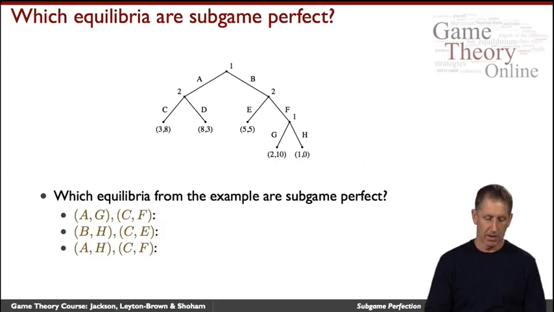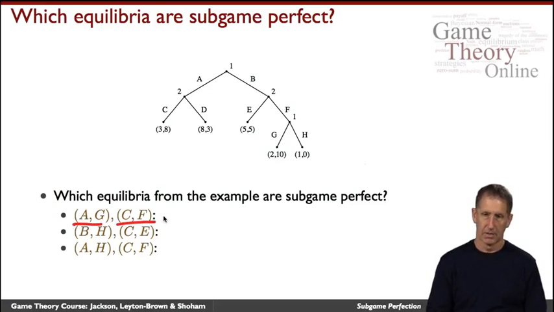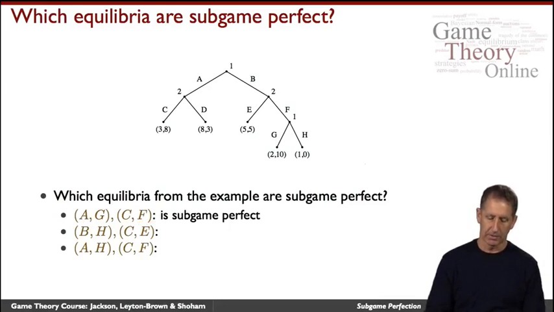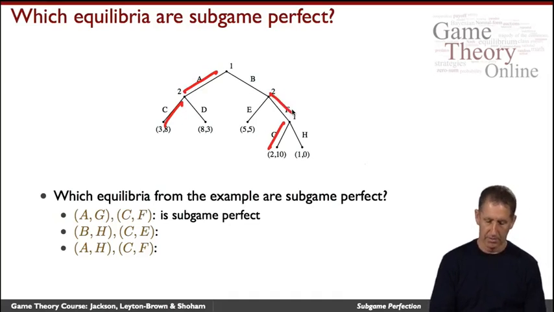For example, how about AGCF? Well, the claim is this, in fact, is subgame perfect. Now, why is that? What is A, G, C, and F? So that gives you this outcome over here, and you can check there's no profitable deviation.